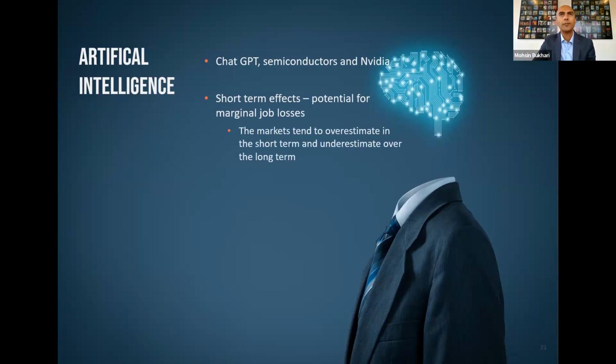However, as is often the case, the markets tend to overestimate the capabilities in the short term and tend to underestimate over the long term. So by overestimating, what I mean is that if we take NVIDIA, for example, NVIDIA make the processing units that are most used in the AI world at the moment.